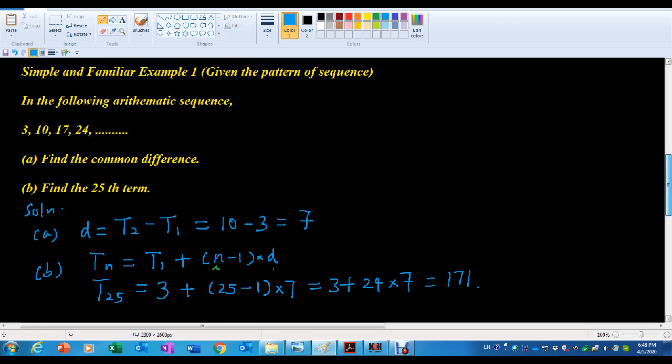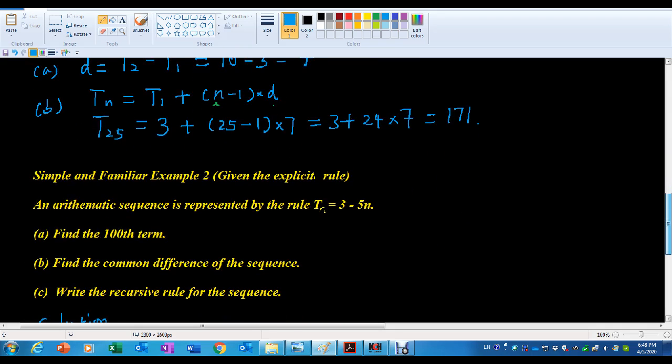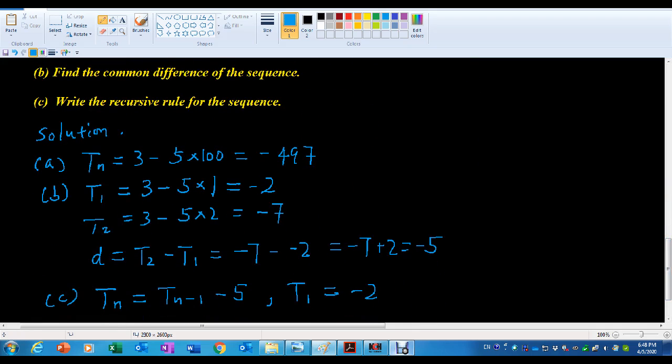We also showed you two simple and familiar examples. The first one is given the pattern, the second one is given the explicit rule. So try to review it from time to time because this is very important. Alright, see you next time.